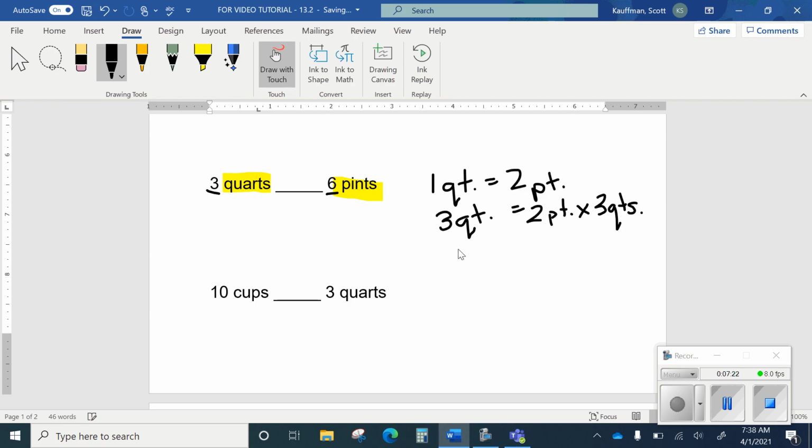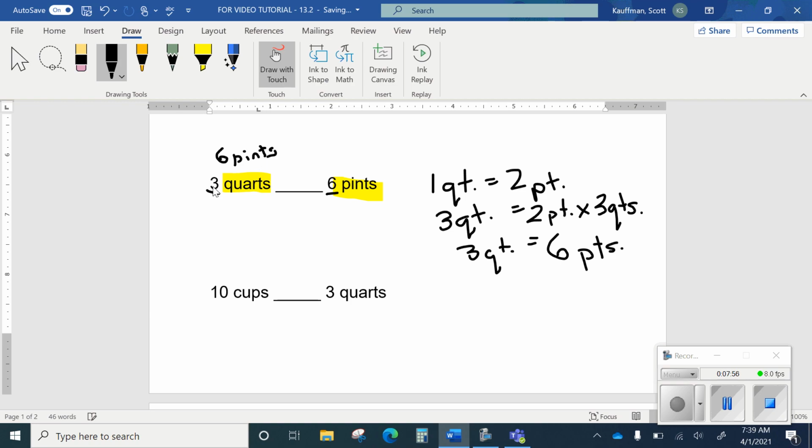Okay, and that means that 3 quarts is equal to 6 pints. Oh, that's ugly. Ugly, ugly, ugly abbreviation. Okay, so 3 quarts is the same as saying 6 pints.